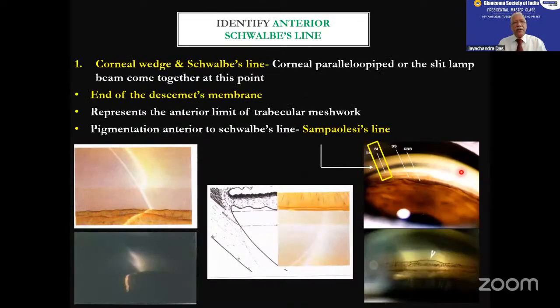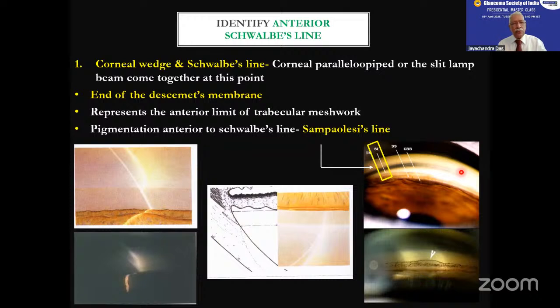This is how you identify the anterior Schwalbe's line. When you focus a narrow beam with brightest light, the narrow beam has two definite lines. One is reflected from the corneal anterior surface, one is from the posterior surface. When these two reflecting lines join, that is the end of the Descemet's membrane, and that is the beginning of the trabecular meshwork, and that is the anterior Schwalbe's line.